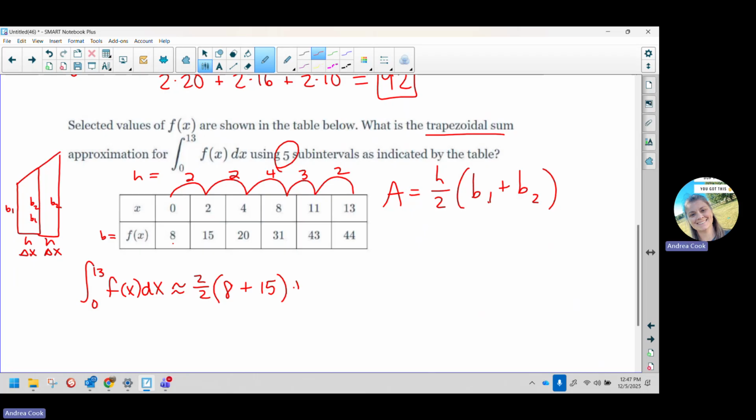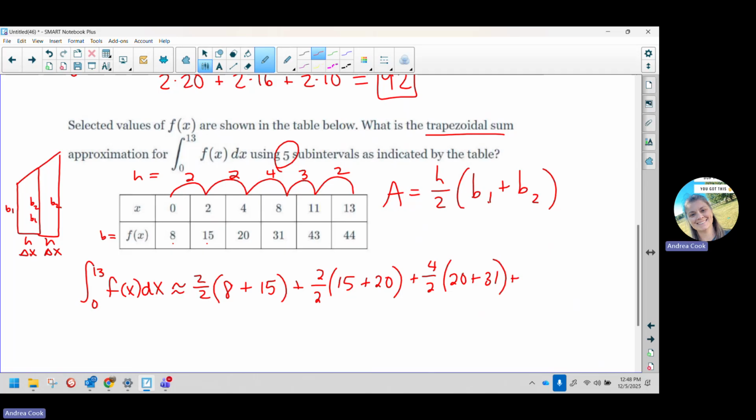Then my next trapezoid. Height is 2, cut in half, because that's the formula, height divided by 2. Base 1 is 15, plus base 2 is 20. The next trapezoid has a height of 4, divided by 2. Base 1 is 20, plus base 2 is 31.